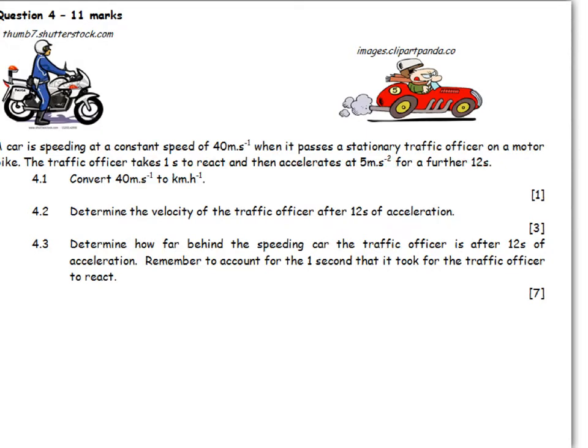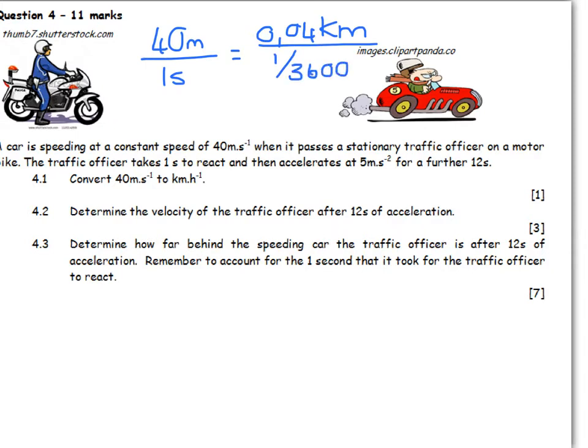First thing should be a level 1 question almost, and that is to do your conversion from 40 meters per second, so it's 40 meters per 1 second, into 0.04 kilometers, because I convert the meters into kilometers, and the 1 second is 1/3600th of an hour.